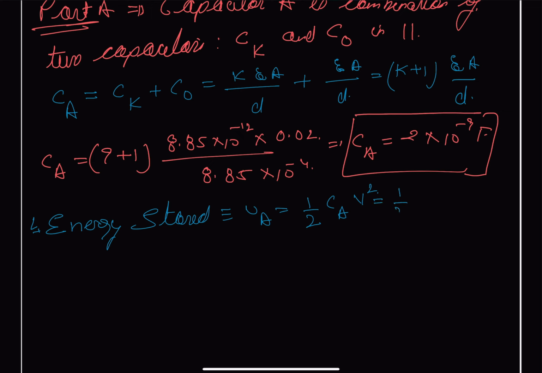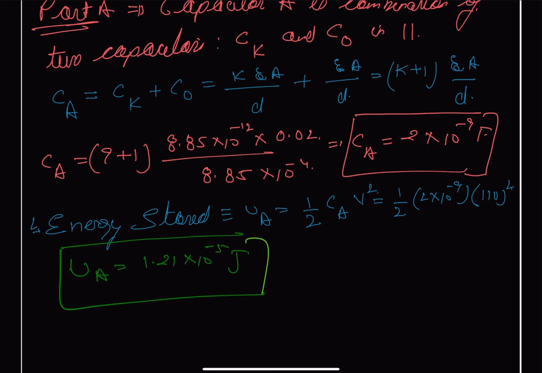Simply substituting the values, we get 2 into 10 raised to power minus 9, and the voltage is 110, whole square. So we get the energy stored in the capacitor, UA, will be equal to 1.21 into 10 raised to power minus 5 joules. So this is our part A.